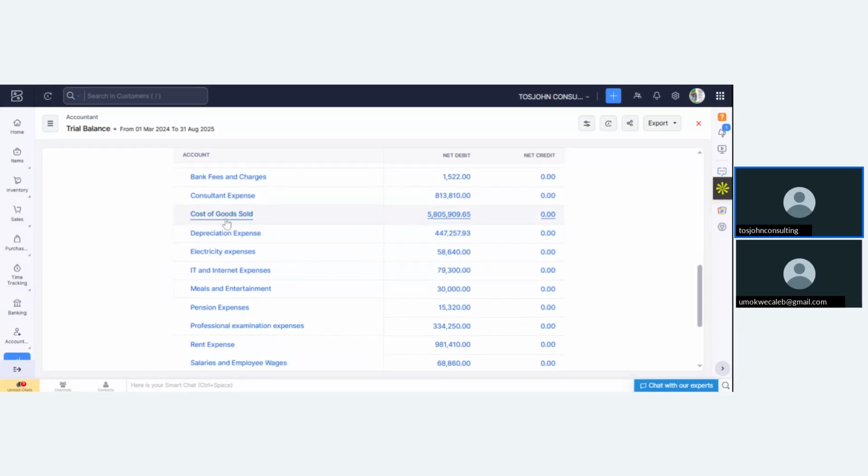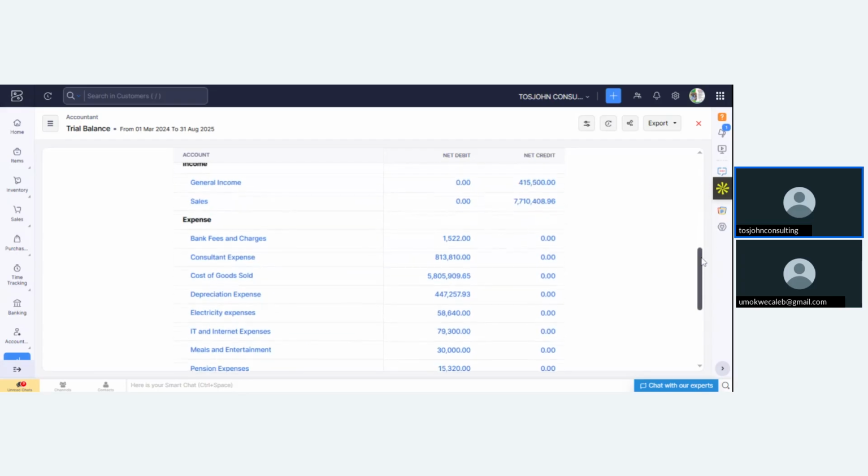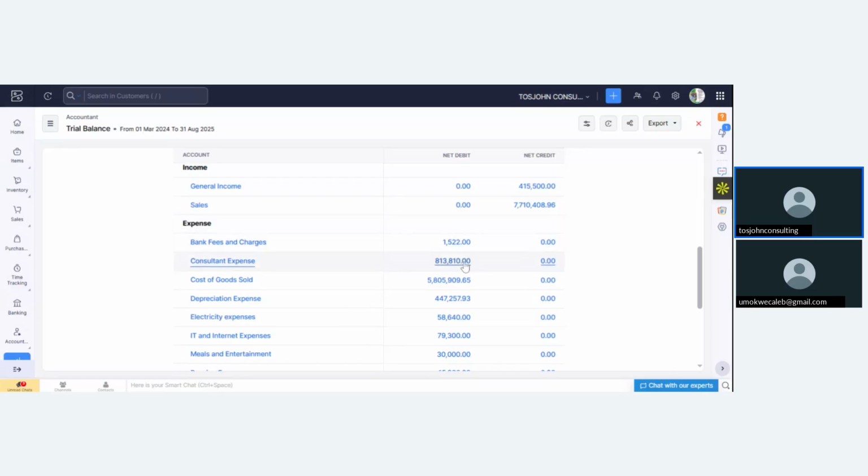And cost of goods sold is also part of expenses, so it's correct as well, right? Depreciation is an expense. So under the expenses, you must confirm that they are all on the debit side on the trial balance, right? Anyone that comes under the credit side, you need to investigate it.